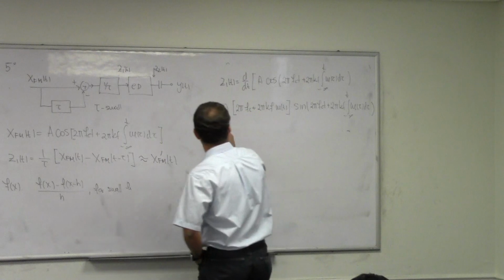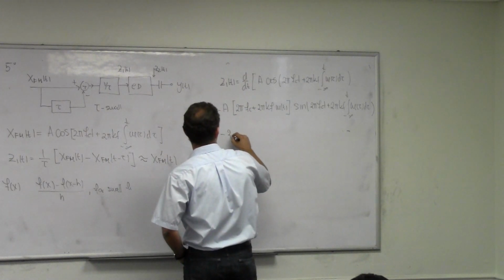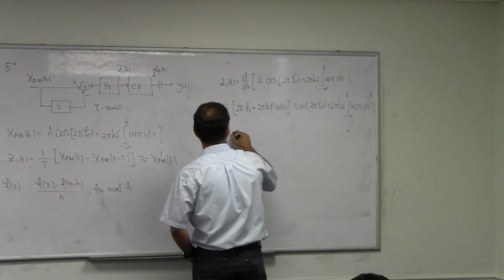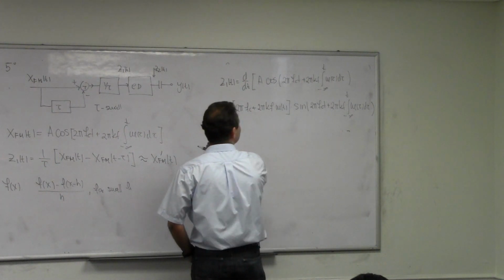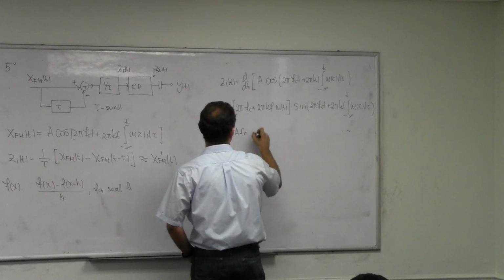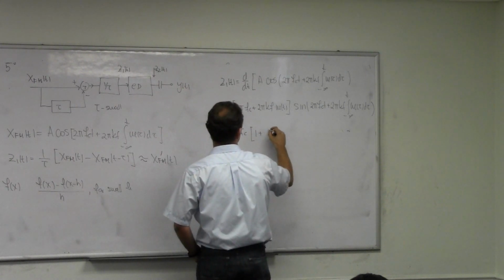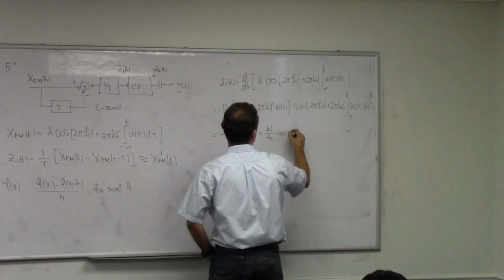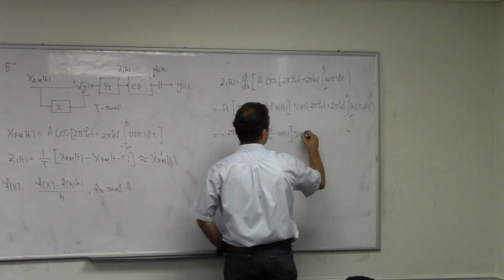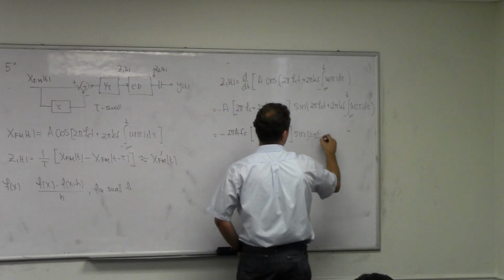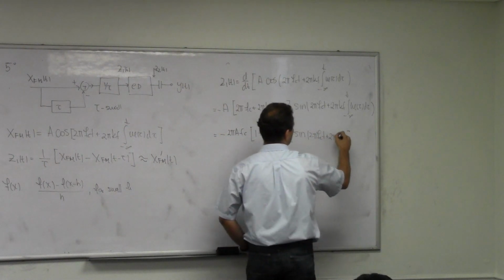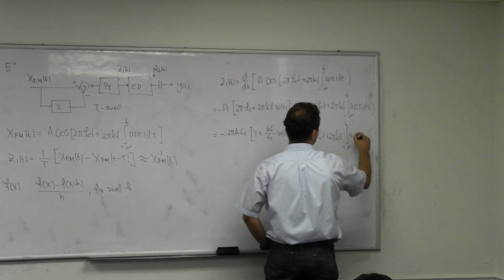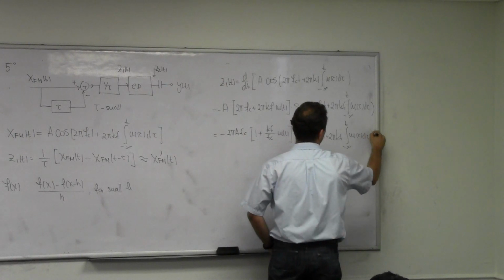So now let me rearrange this a little bit. This is 2 pi A fc, 1 plus kf over fc m of t, times sine of 2 pi fc t plus 2 pi kf integral from minus infinity to t of m of tau d tau.